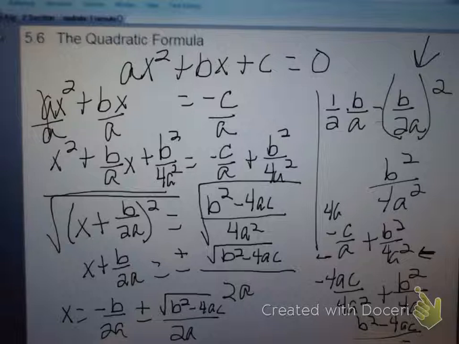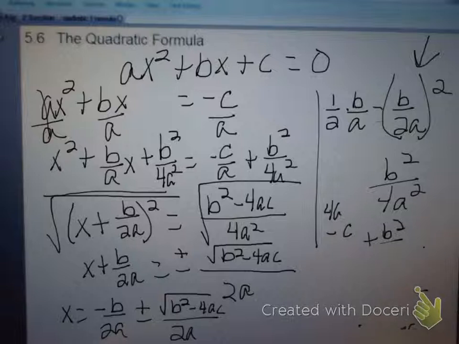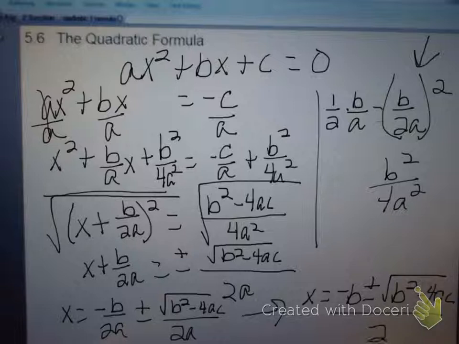And then I will put it over one denominator. I'm going to write this on the next panel since I don't have enough room. So putting this all over one denominator, that's x is equal to negative b plus or minus the square root of b squared minus 4ac all over 2a.